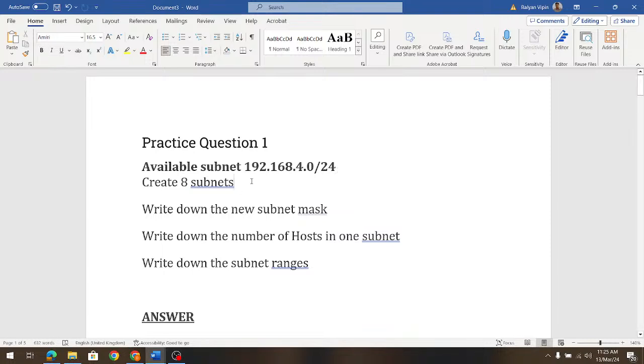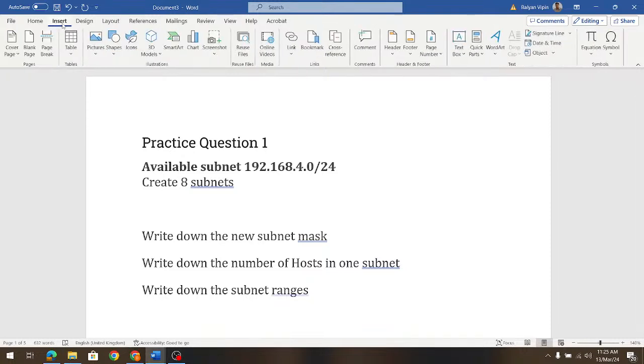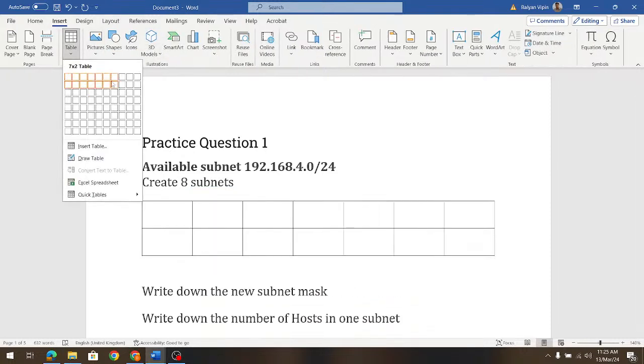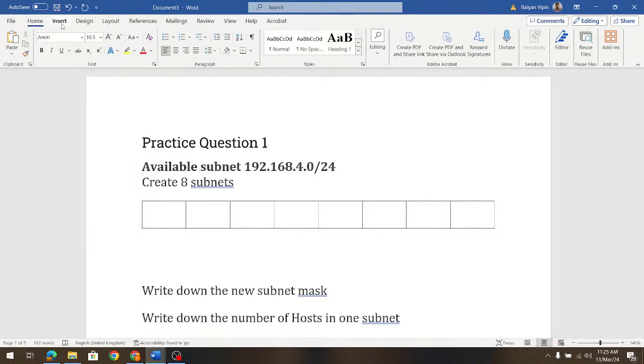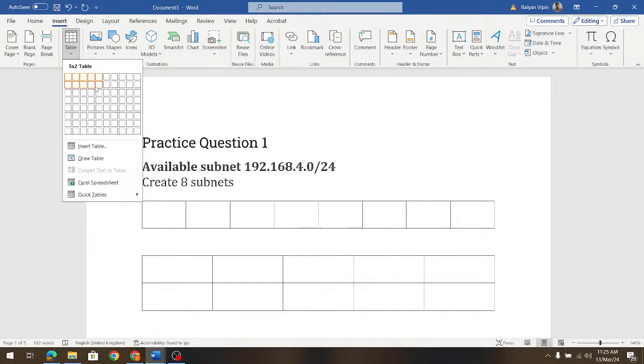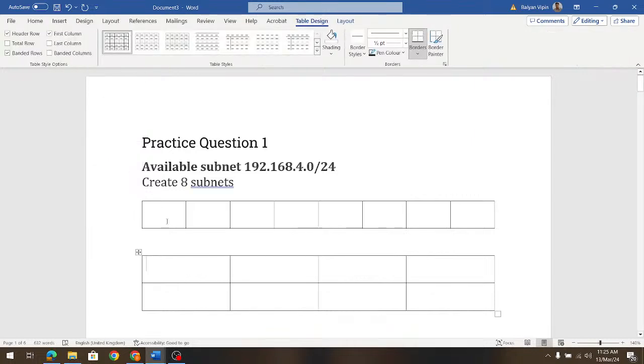So class C means if I just insert again that part of the table: 128, 64, 32, 16, 8, 4, 2, and 1. And then it's given as 192.